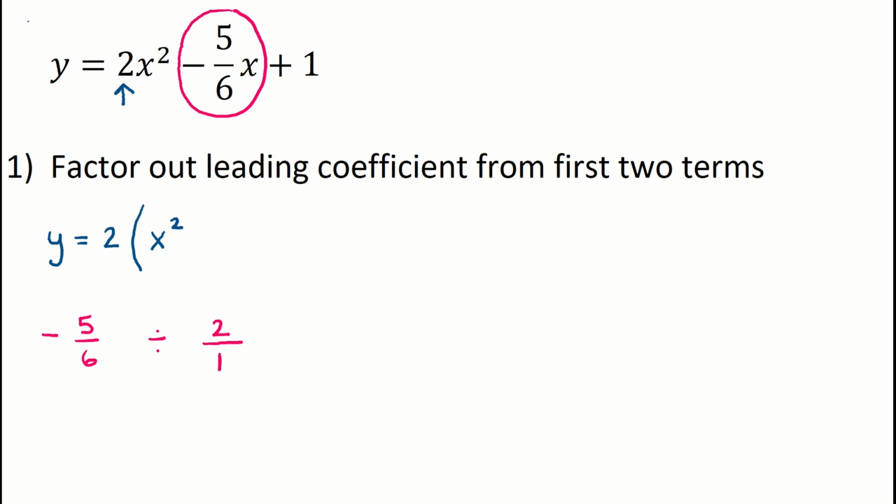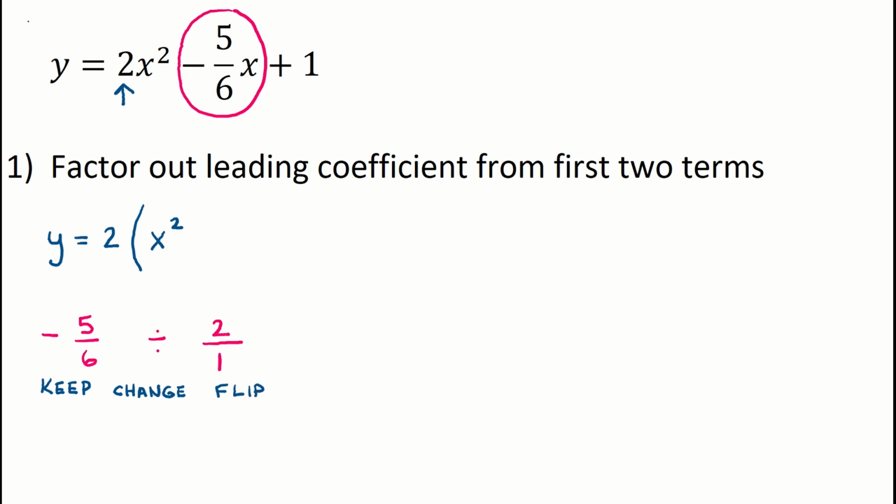So you can change any number into a fraction just by putting 1 on the denominator. Now with dividing fractions, I like using an analogy, so keep, change, flip. Keep goes with the negative 5 over 6. Change goes with the division sign. And flip is going to go with the 2 over 1.